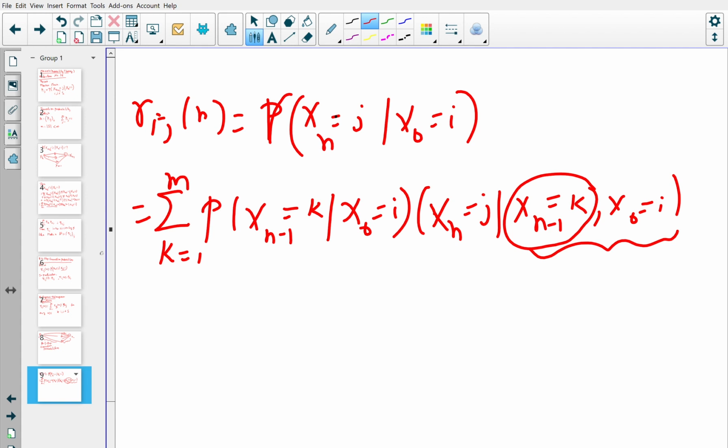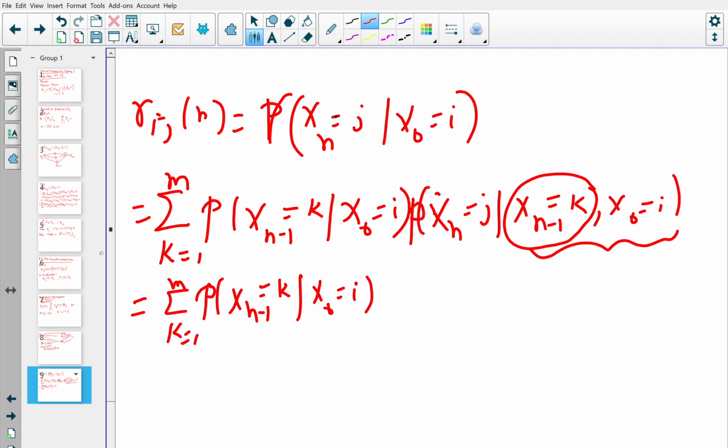So this sum becomes the sum over k of the probability that X_{n-1} equals k given X_0 equals i, times the probability that X_n equals j given X_{n-1} equals k. It does not depend on earlier things.